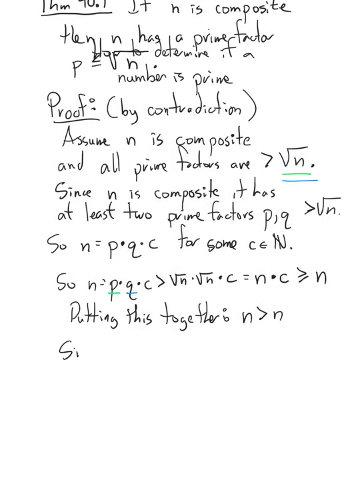So since n equals n, of course, n greater than n is a contradiction. It's something that's always false. So if we have that, we can say thus, there are no counterexamples.